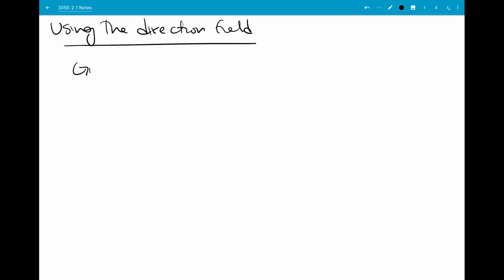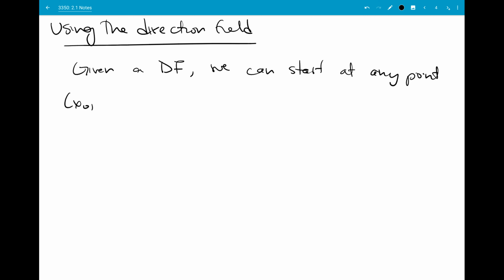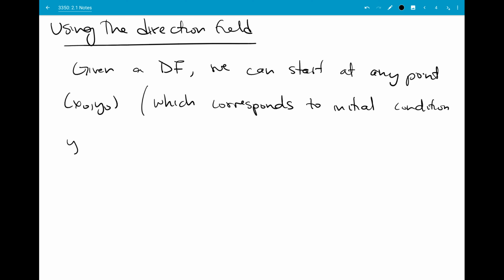What's going to happen is, given a field, we can start at any point x0, y0, which corresponds to an initial condition y of x0 equal to y0 in an initial value problem.